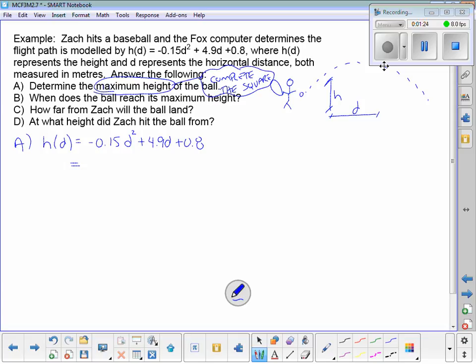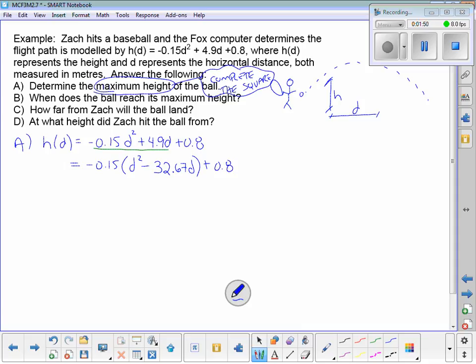Again, completing the square, we common factor out of the first two terms negative 0.15. Bracket D squared, it'll be minus 4.9 divided by the 0.15, which gives me 32.67 D. We leave that last term alone.